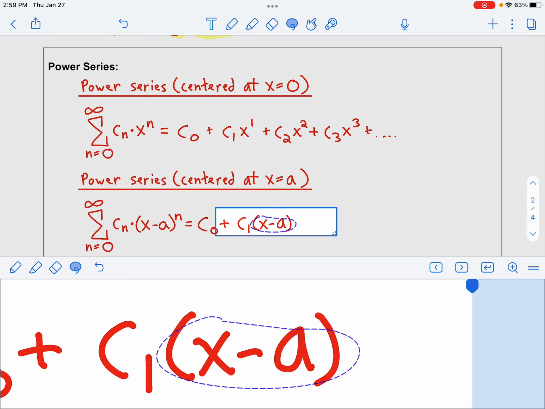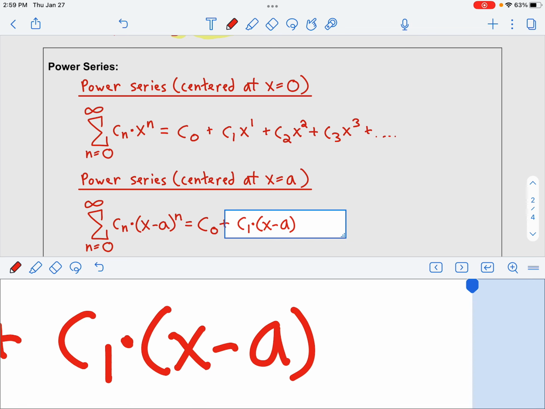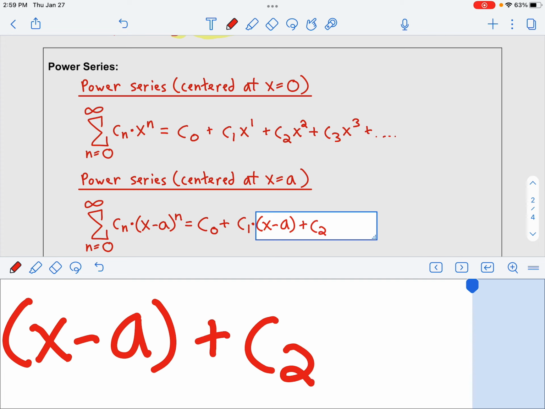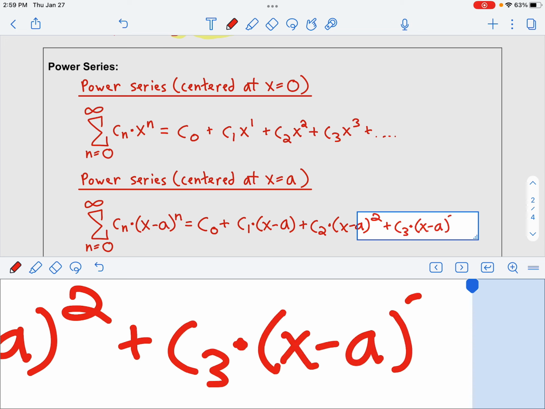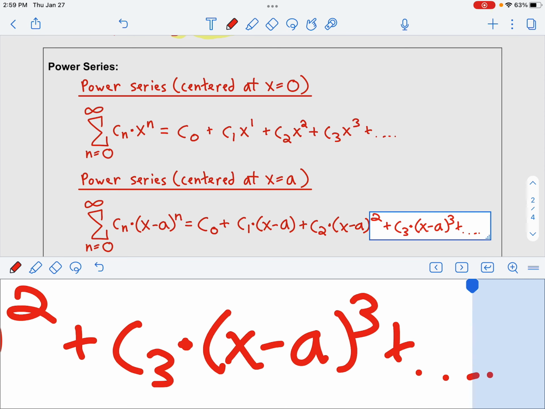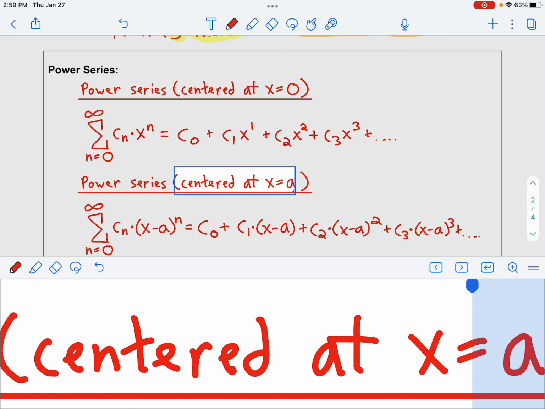And I'm going to put a little product symbol there just because the parentheses and c's look alike. Plus c sub 2 times x minus a squared, plus c sub 3 times x minus a cubed, plus dot, dot, dot. You're going to notice the phase shift almost. That's where the convergence is going to be centered.